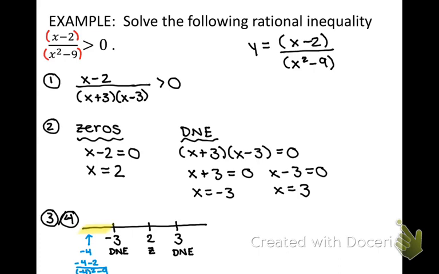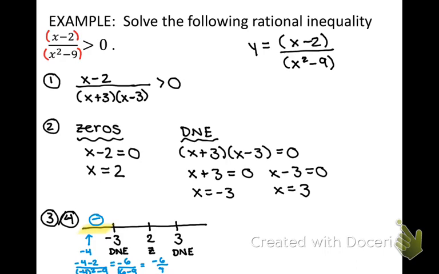Negative 4 minus 2 is going to give me a negative 6. Negative 4 squared is going to give me a 16 minus 9. So overall, I'm going to get that this is negative 6 over 7. Therefore, in this interval, my sign chart is negative. It's less than 0.